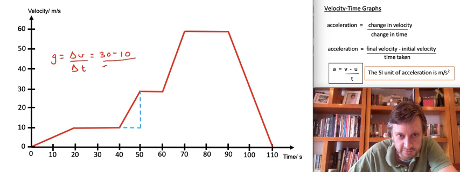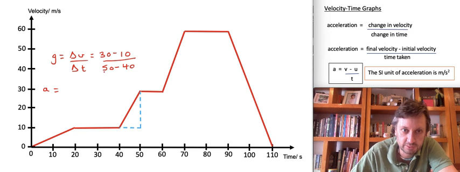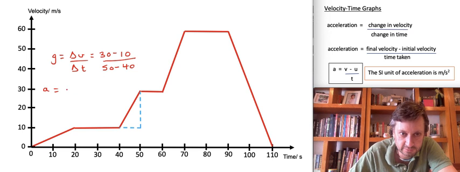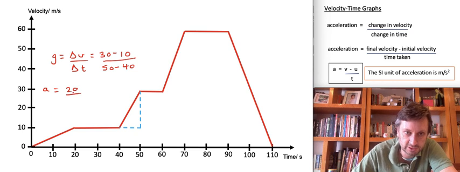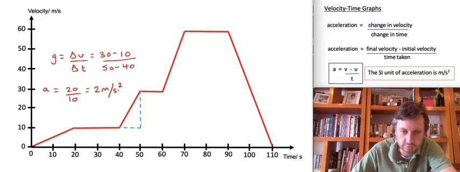Well, I can see there it's 50 seconds minus 40 seconds. So that acceleration is equal to 30 minus 10, 20, divided by 50 minus 40, 10. 20 divided by 10 equals 2 meters per second squared.